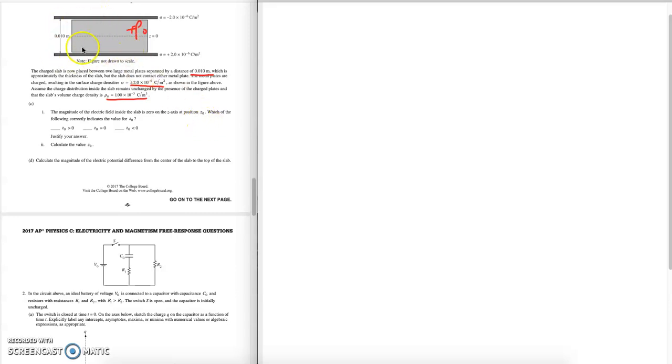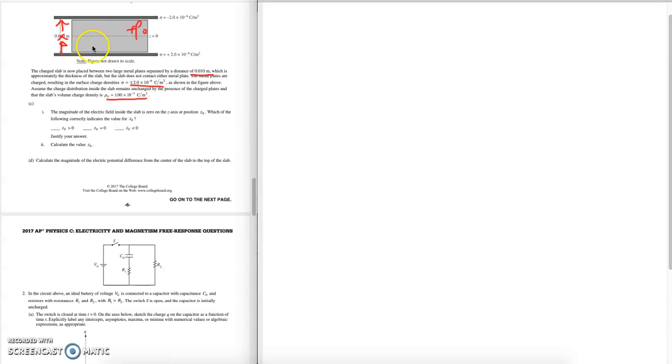Okay, so if we ignore the slab, let's go over here and ignore the slab. The positive plate has a field that points up, and the negative plate up top also has a field that points up if you happen to be standing here. If you're standing in the middle, the bottom plate, the electric field points up, and the top plate, the electric field points up, because electric fields point away from positives and toward negatives.